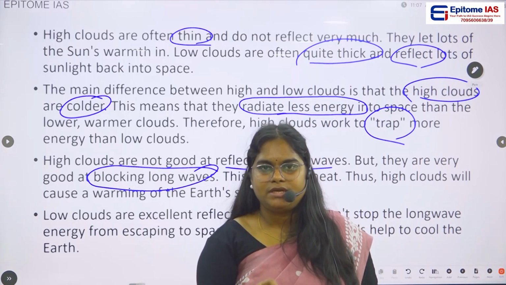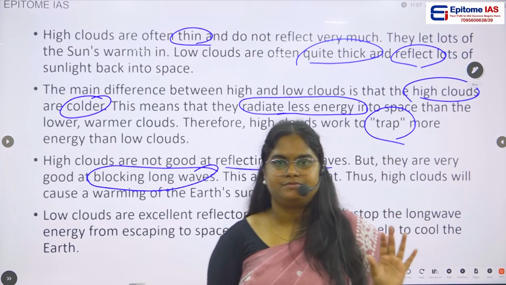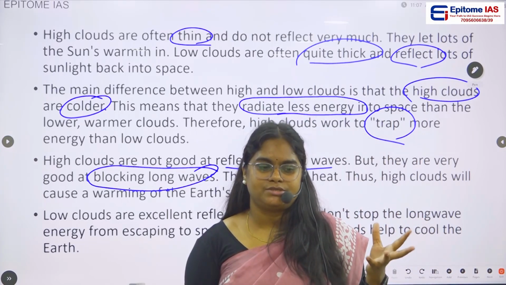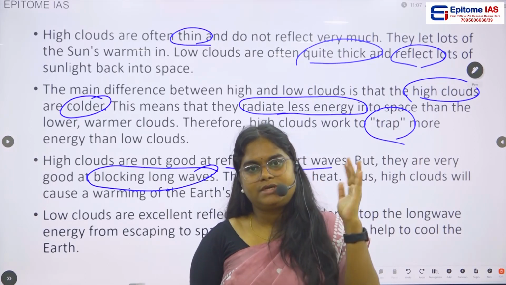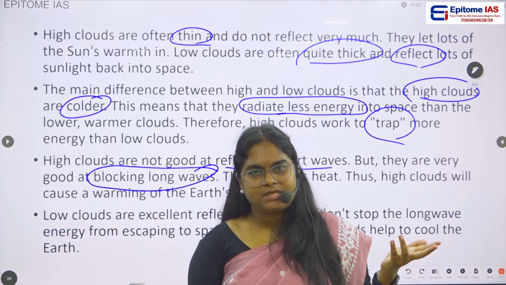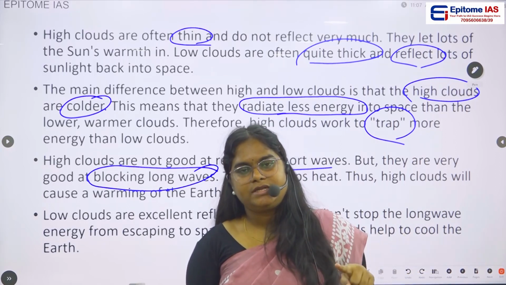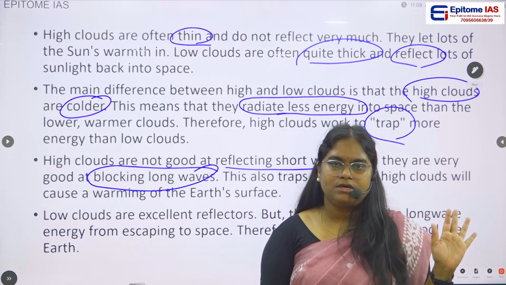Along with that, they are good at trapping the long wave radiation, that is the terrestrial radiation. So again, it is increasing the earth's temperature.